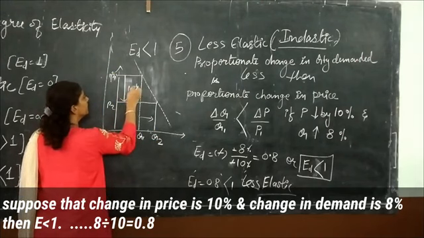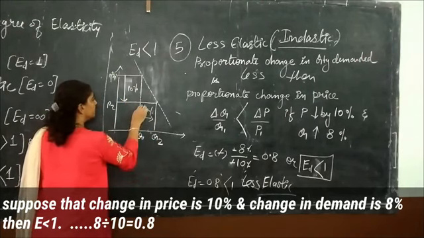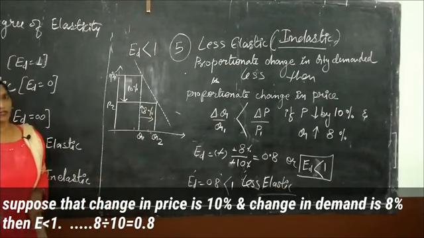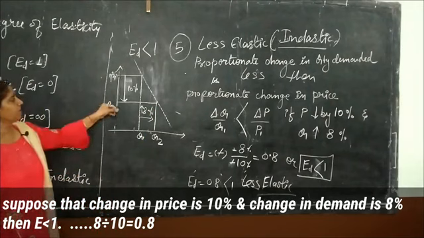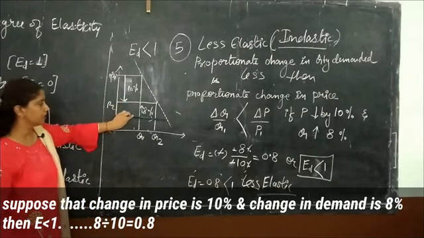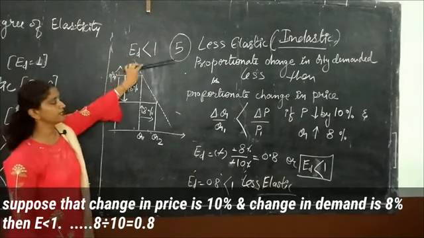Assume that here the price changes by 10% and there is an increase in quantity by 8%. If more change in price occurs, then less change in demand will be there. This is called less elastic demand.